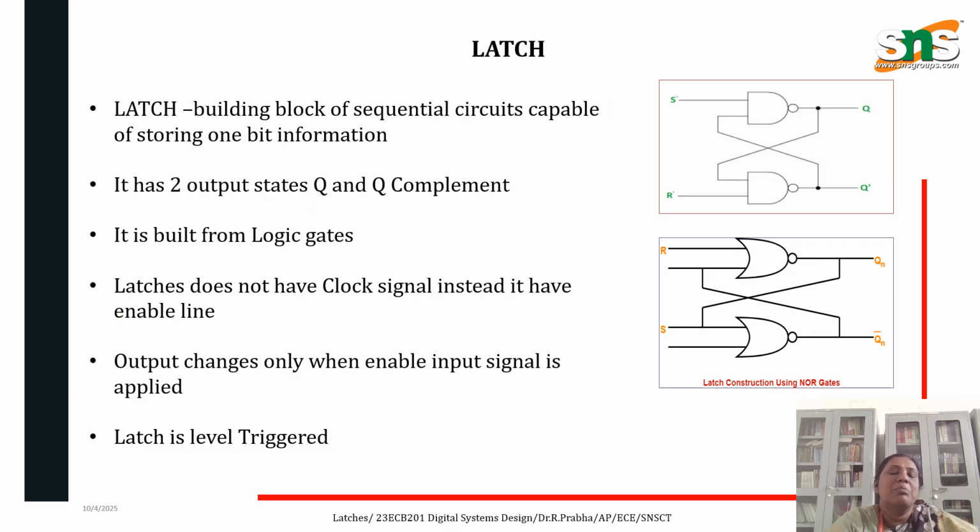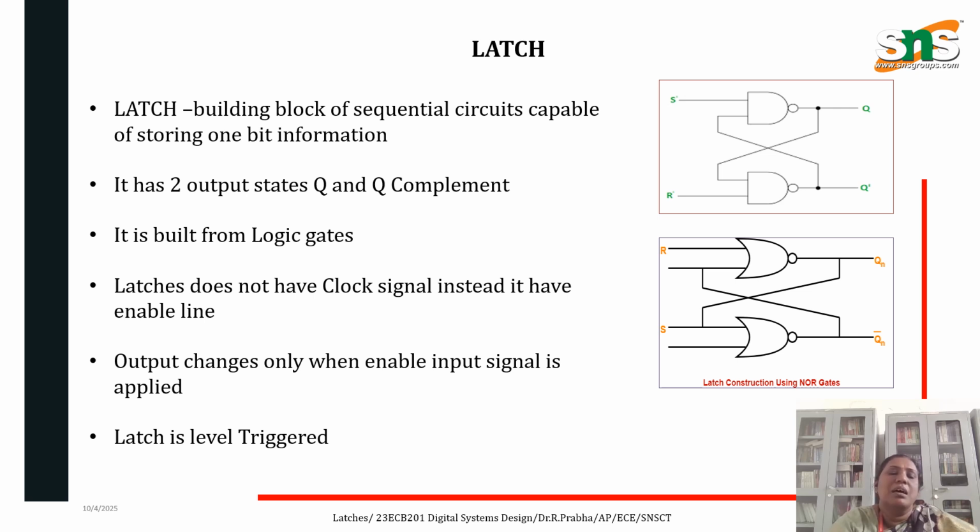A latch is a building block of a sequential circuit capable of storing one bit of information, and it has two outputs, Q and Q bar or Q complement, and these two are always complement to each other. It is built from logic gates, either NAND gate or NOR gate.